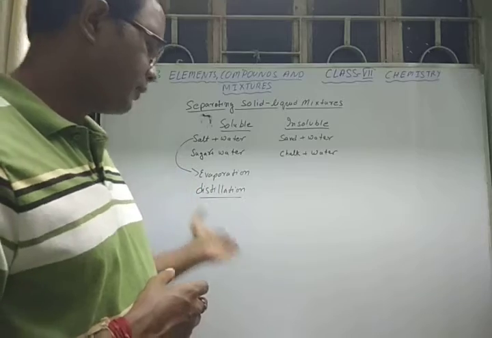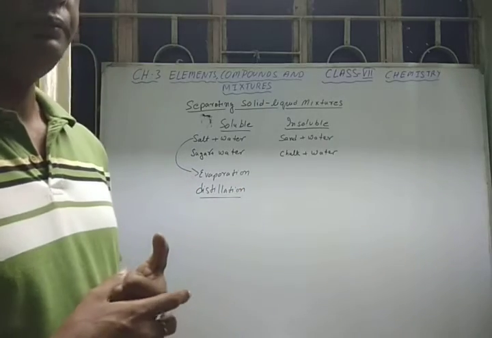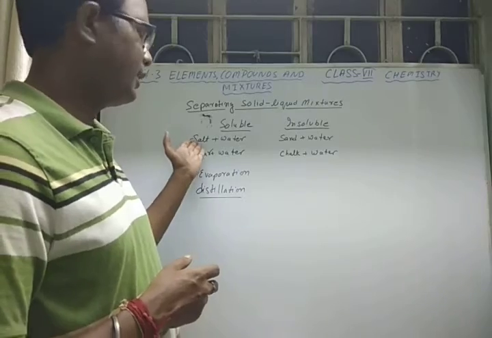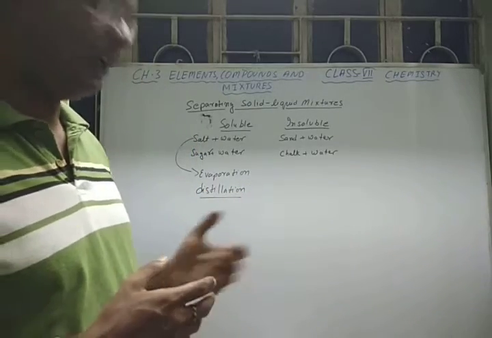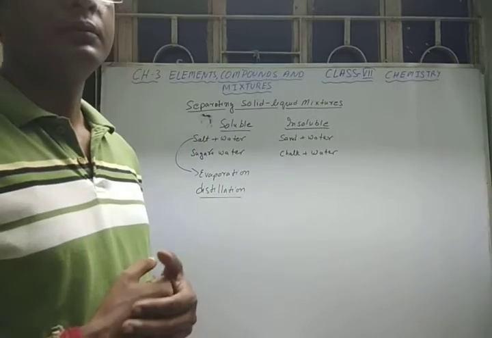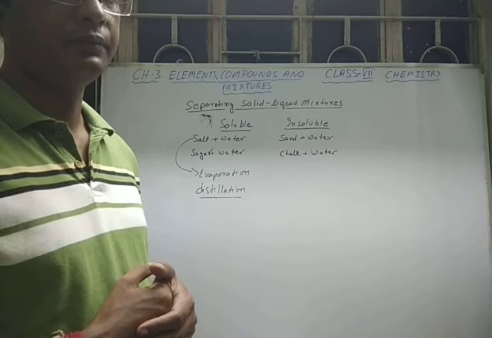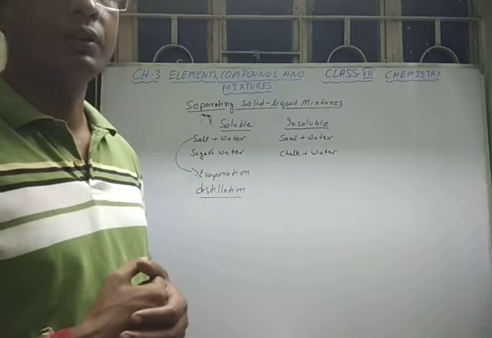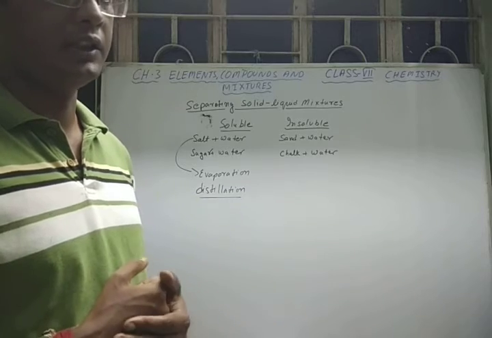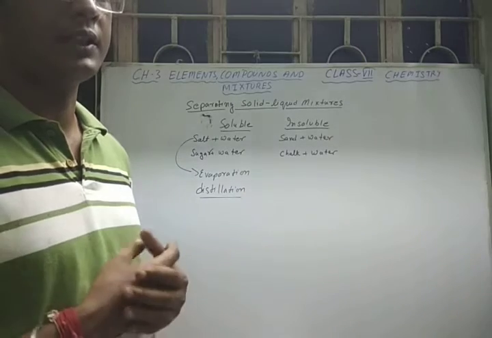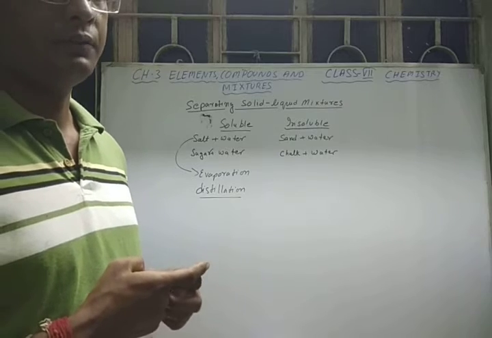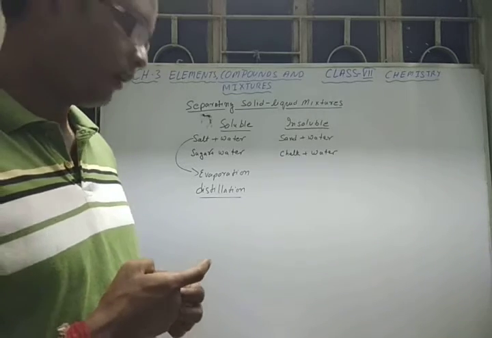So by the distillation process, we will get the liquid, and the solute particle, that is salt or whatever, will be left in the distillation flask. In this way you will get the solute and the solvent both by the process of distillation, following two processes, first evaporation and then condensation.